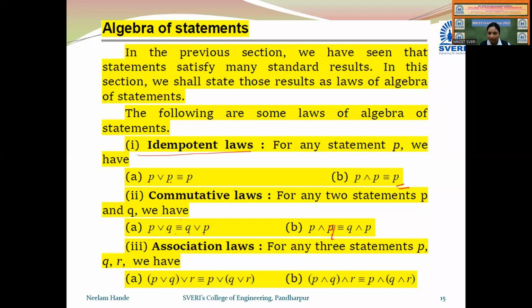The associative law also holds here: P or (Q or R) is equivalent to (P or Q) or R. The bracket can be shifted.